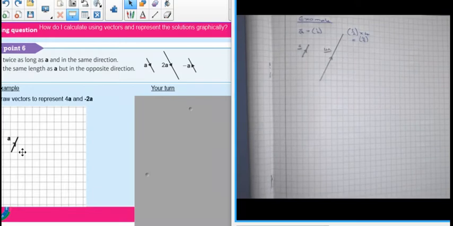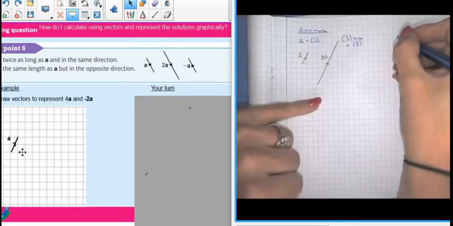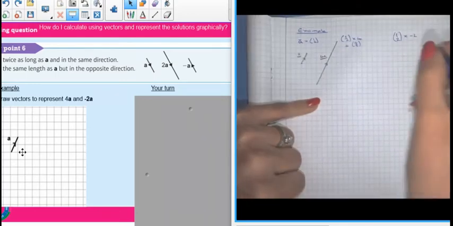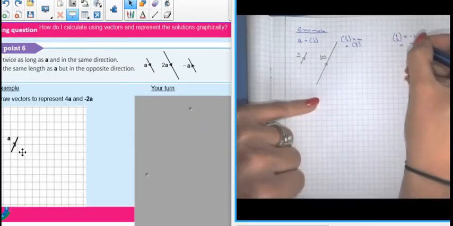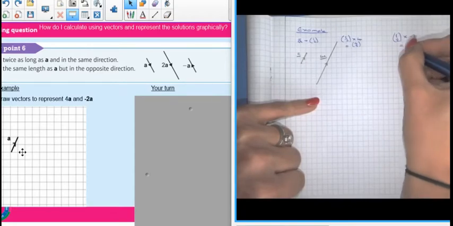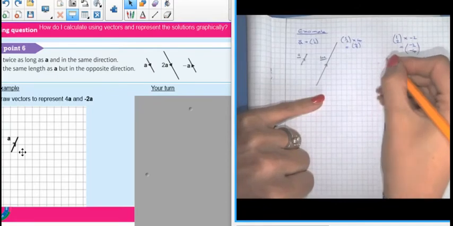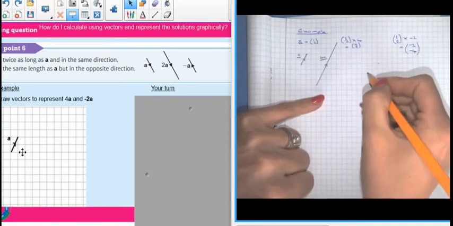Now the next vector that I'm going to draw is negative. It's going to be in the opposite direction. Or another way to say it is I've got (1, 2), and I'm multiplying by negative 2, so that will give me (-2, -4). I'm going to start here. 1, 2, 1, 2, 3, 4.